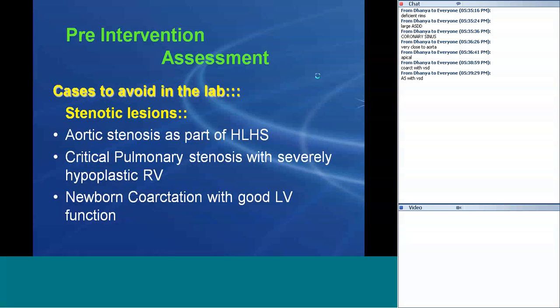And if you have a newborn coarctation with good LV function, it is better to send it to the surgeons. Of course, there are a lot of centers who do primarily balloon angioplasties, but if the neonate has good left ventricular function, there is a better prognosis if you send them for surgical correction.